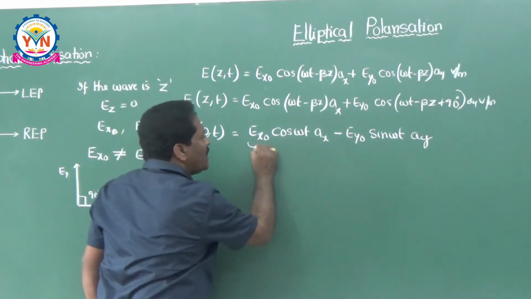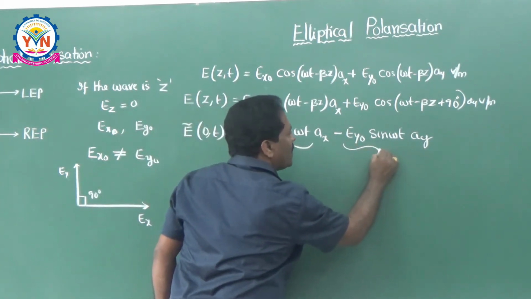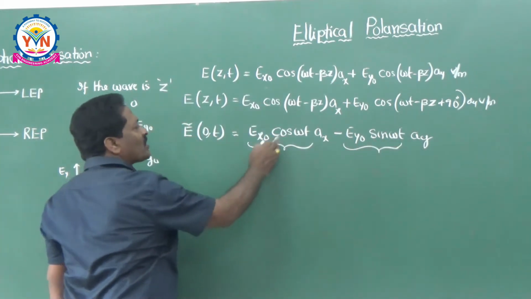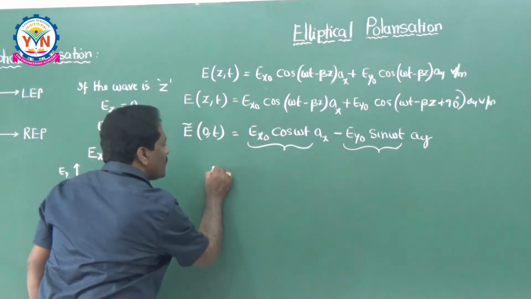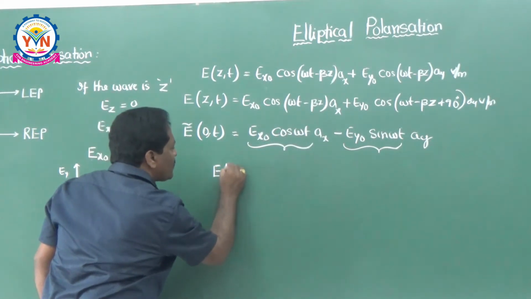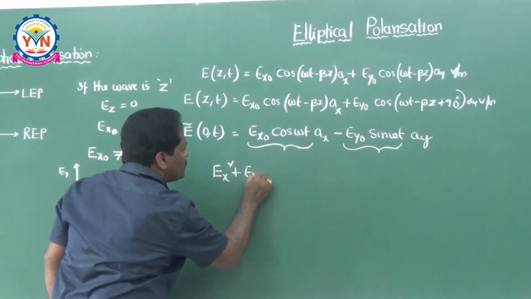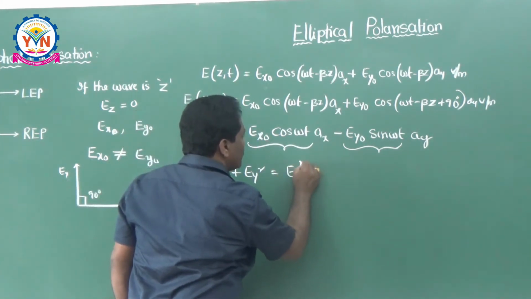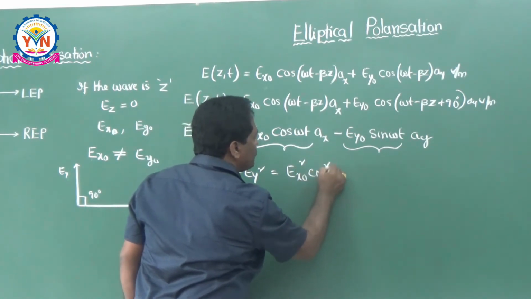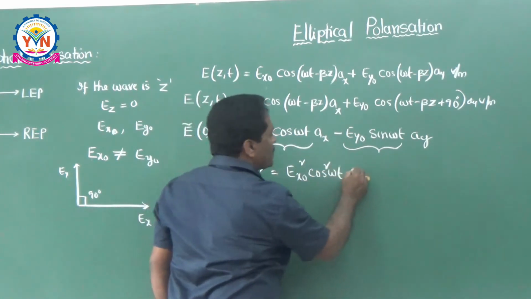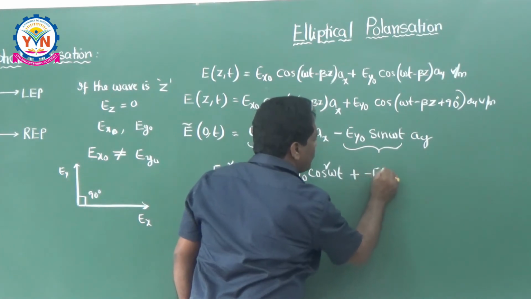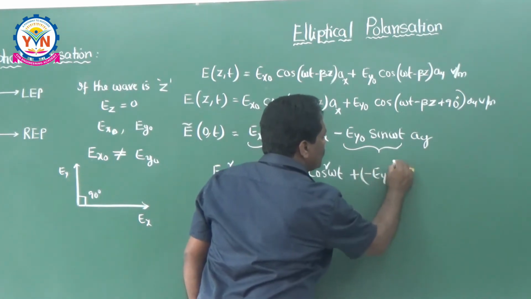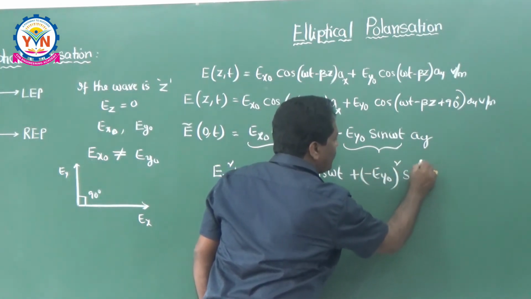Now, this is called the Ex component and this is called the Ey component. If you square it, Ex square plus Ey square is equal to Ex naught square into cos square omega t plus Ey naught square into sin square omega t.